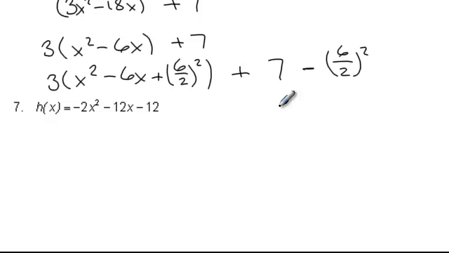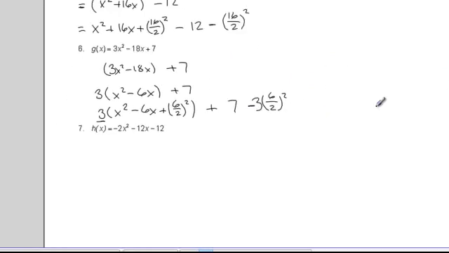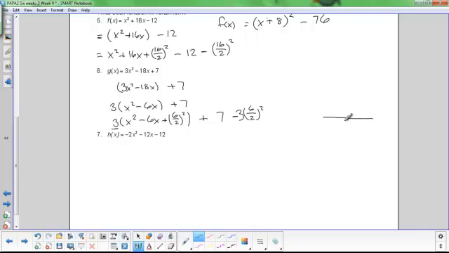Now please remember that I have 2 different weight values here. Remember, the original value had a multiplier of 3 on it. Therefore, this number right here must also have that same multiplier on it, or else I will not have a balanced equation. It's like looking at a scale like this, where I try to balance it.